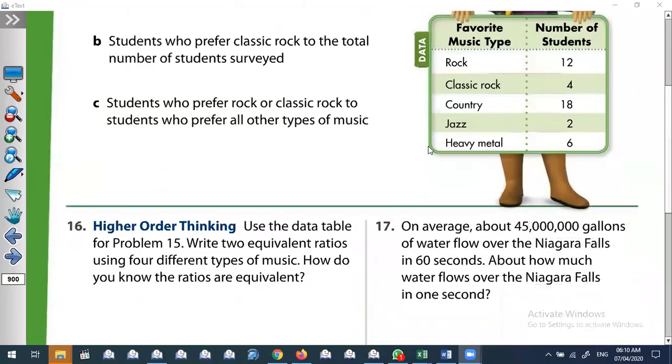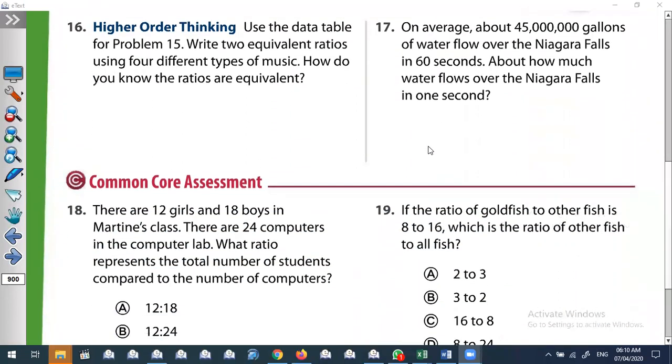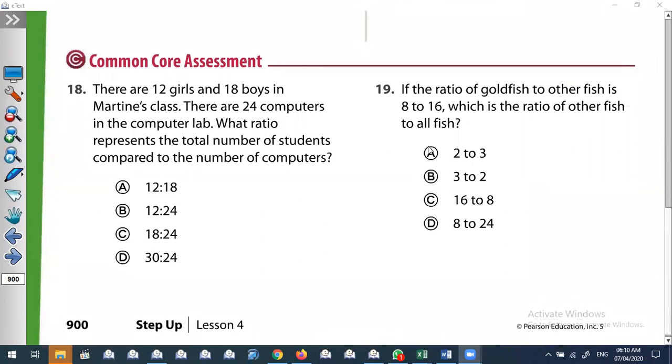The next one. Here, there are 12 girls and 18 boys in Martin's class. There are 24 computers in the computer lab. What ratio represents the total number of students compared to the number of computers?